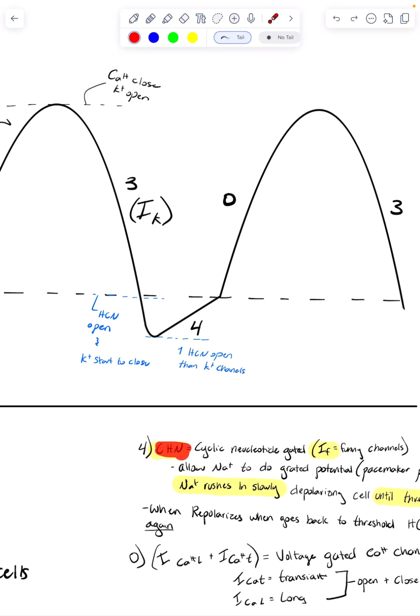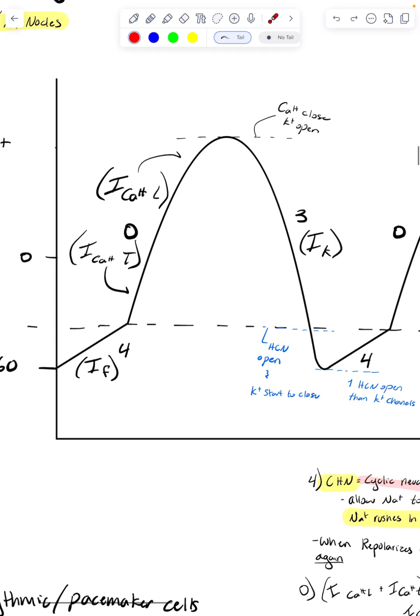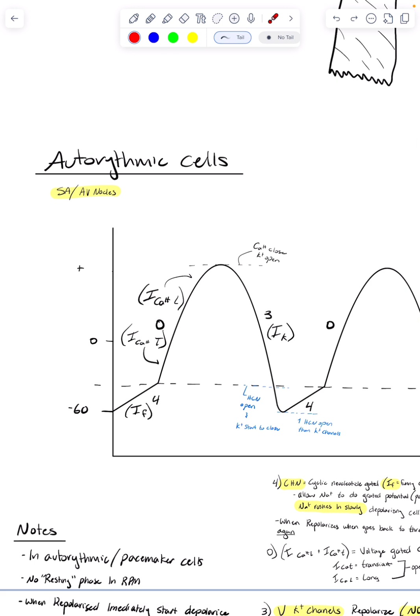They're called the HCN channels, the hyperpolarization-activated cyclic nucleotide-gated, or funny channels, because what's funny about them is that so far in the course, all that we know is that sodium causes action potentials. But in this case, sodium does not cause action potentials. Sodium only gets our, this graded potential, we'll call it.